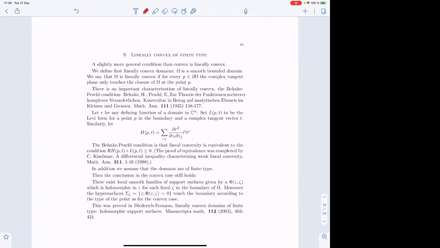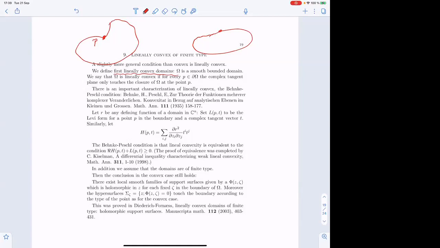And various definitions. I use this one. Linearly convex domain. It just means that omega is smooth and bounded, but the domain doesn't have to be convex. So this was a bad picture. It could be linearly convex, meaning that you can take a point P in the boundary, and then the complex tangent plane.